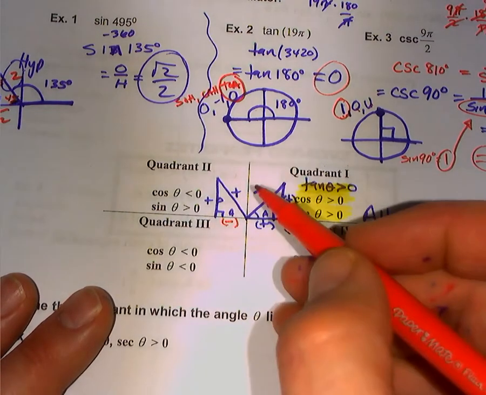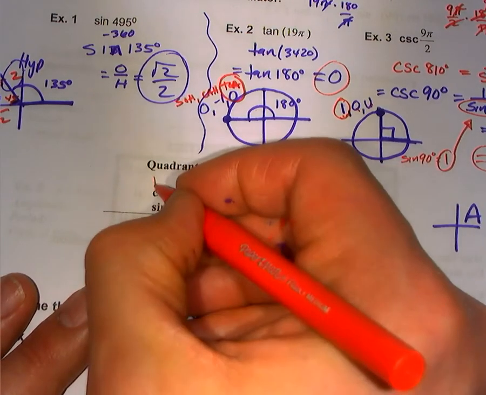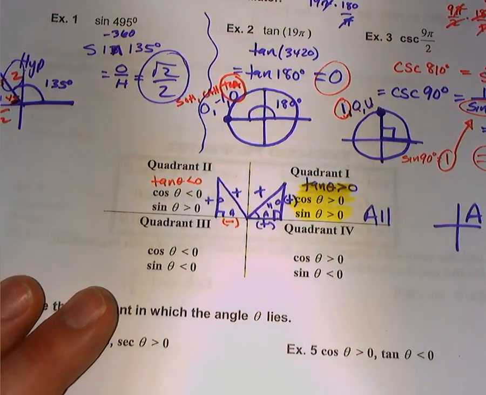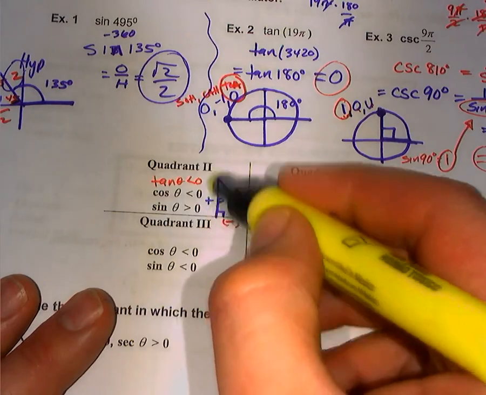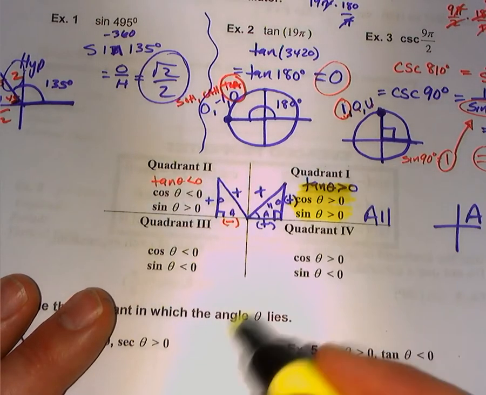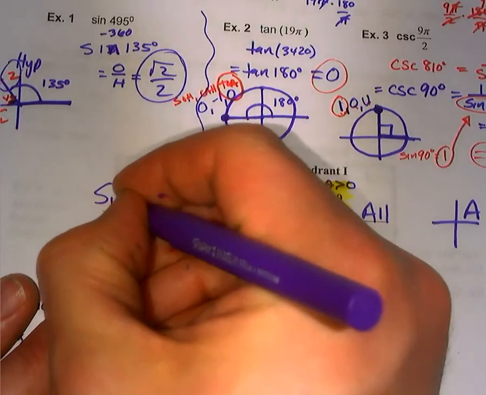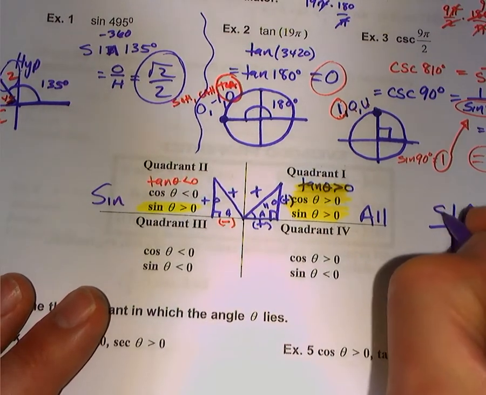When I do tangent, O over A, positive over negative, tangent of theta is less than 0. The only one that's positive is opposite over hypotenuse, sine. So from SOHCAHTOA, sine is the only one positive, so I'm going to put an S in this quadrant.